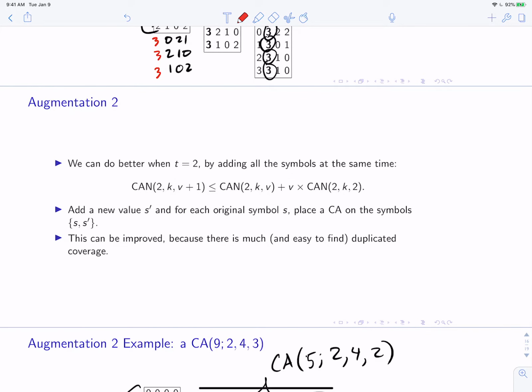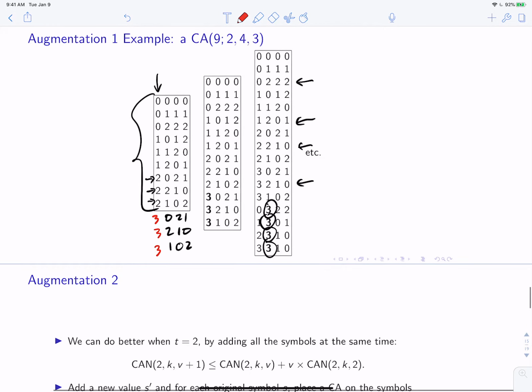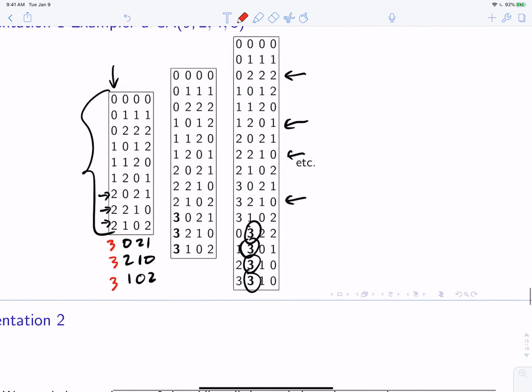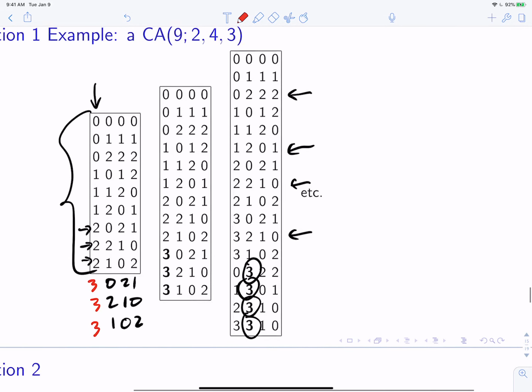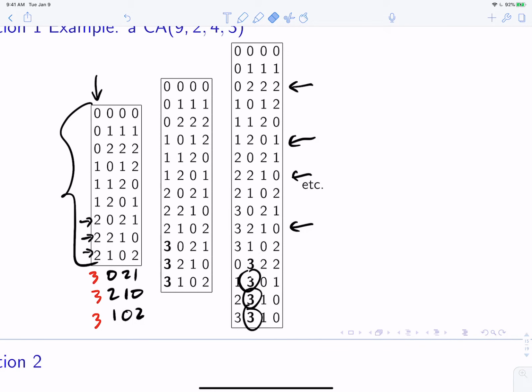How did you get the last rows of the third column? So remember, we're looking at the second column now, and we're picking 0, 1, or 2, whichever one occurs the least number of times. So 0 appears 4 times, 1 appears 4 times, 2 appears 4 times. So it doesn't matter. You can pick 0, 1, or 2.